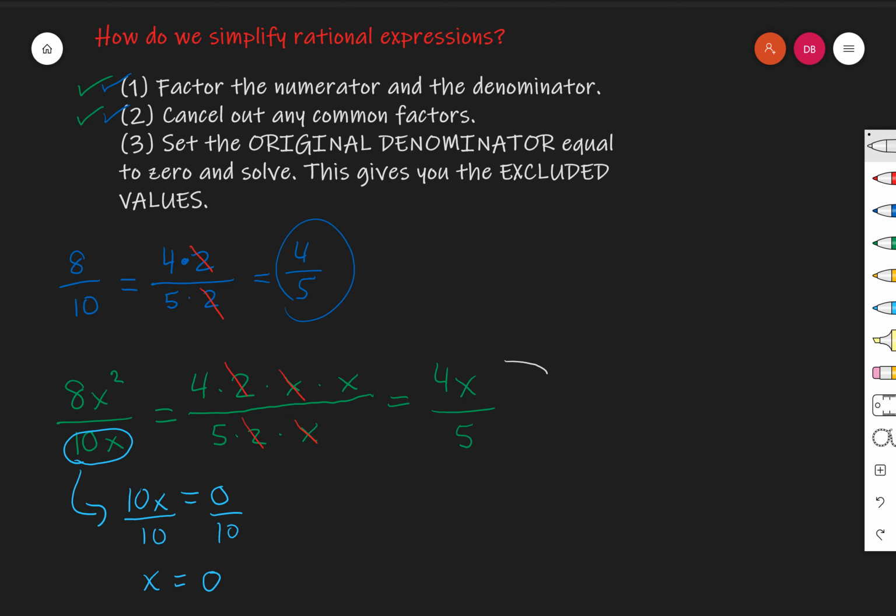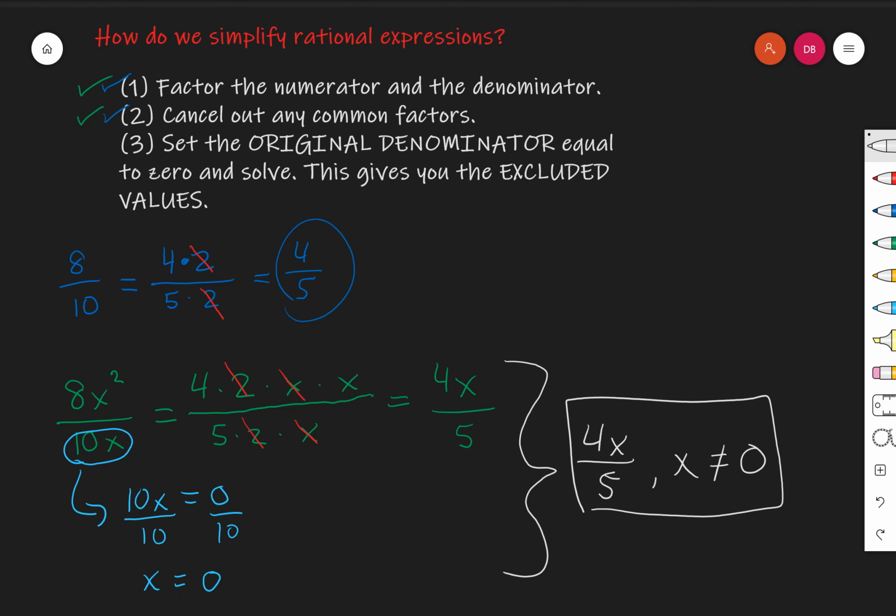So the way we write our final answer here is 4x over 5, where x is not equal to 0. That's our final answer. So first we factor the numerator and the denominator, then we cancel out any common factors, then we set the original denominator equal to 0 and solve, and that gives us the excluded values.